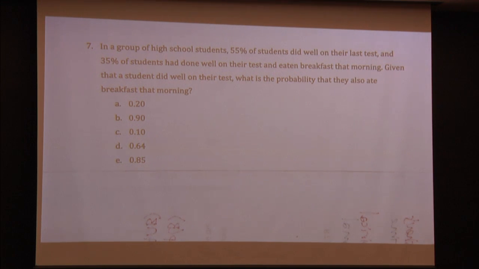So what type of problem is this? What specific type of probability are we dealing with? So I heard given. So what does that word given tell us? When we see the word given, we're dealing with a specific type of probability.